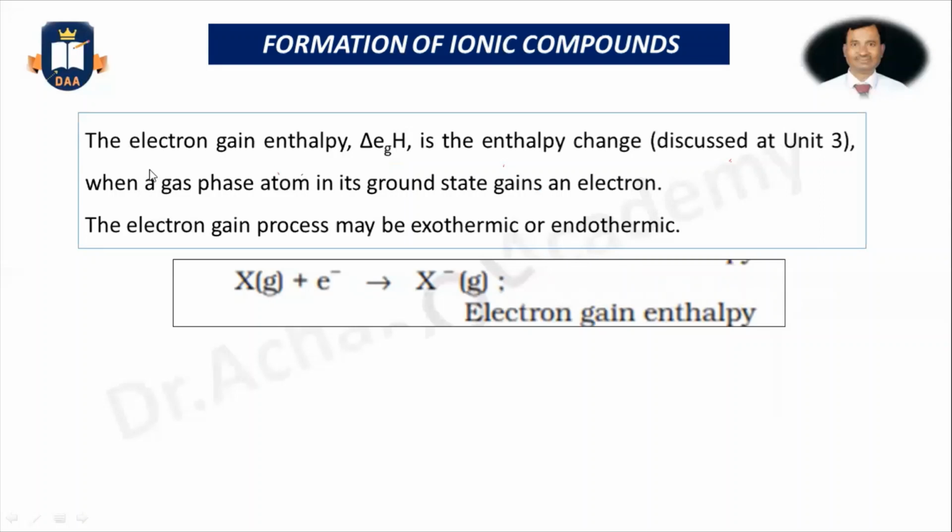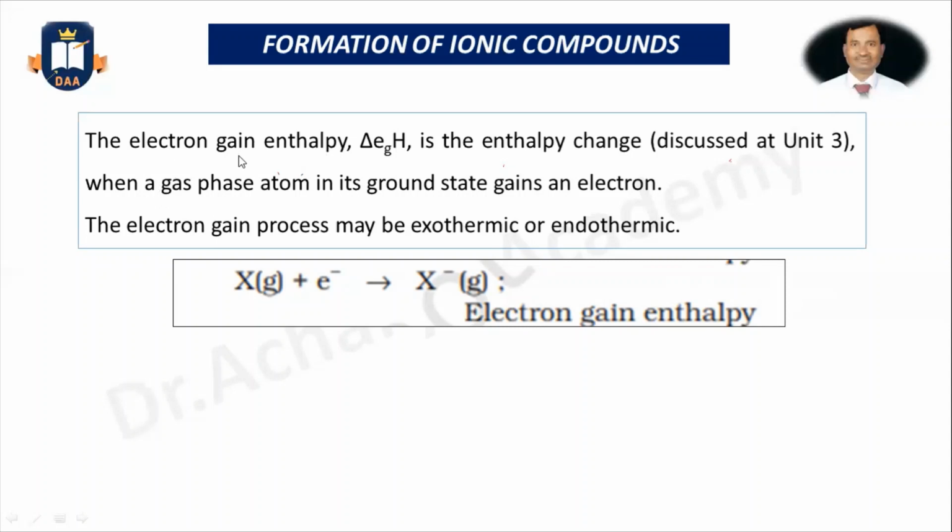Here I already told that the respective energies will play a role in the formation of this type of ionic compounds. So first, the electron gain enthalpy. I already discussed electron gain enthalpy in unit number 3.